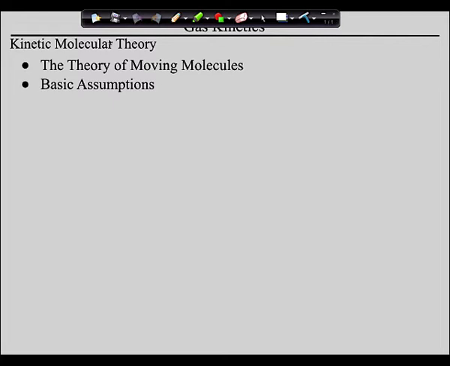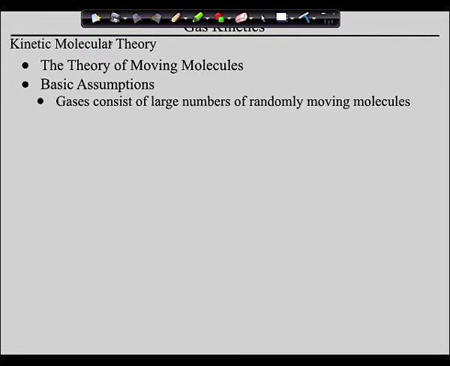You dig into your brain and pull up your mental model of a gas, and I think we would all agree that, first of all, our gas consists of lots and lots of randomly moving, and probably in your model, very small particles.